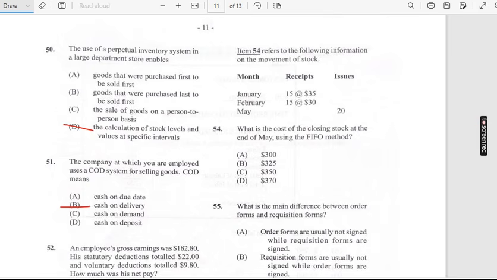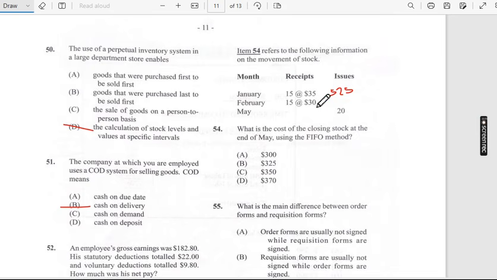Number 54. What is the cost of the closing stock at the end of May? At the end of May we have 15 in, so 15 times 35. That's 525. Let me check something to see if I'm doing this right. 15 times 30 per unit, and we'd have a different rate on the exact thing.